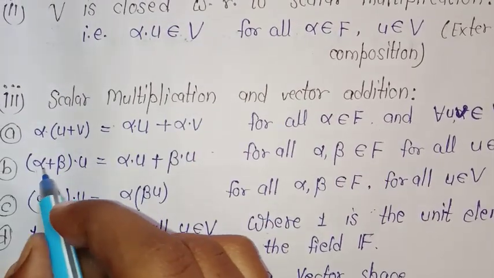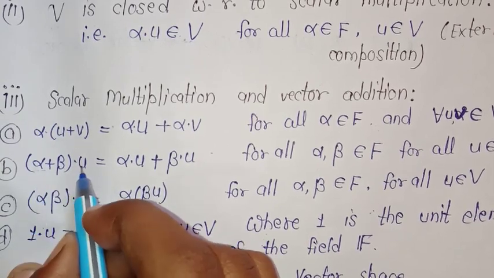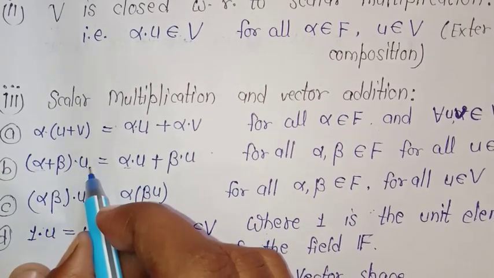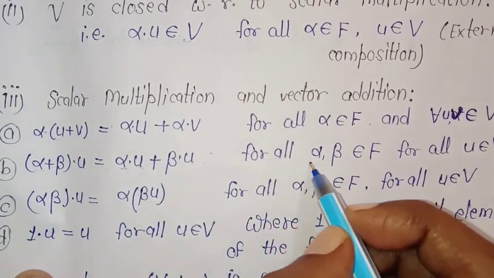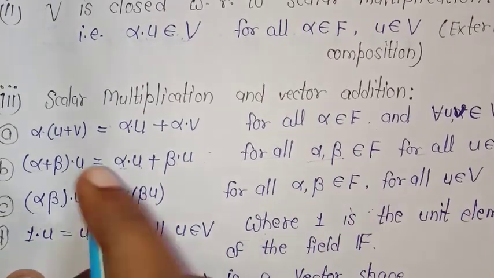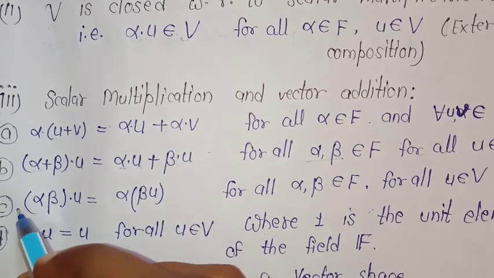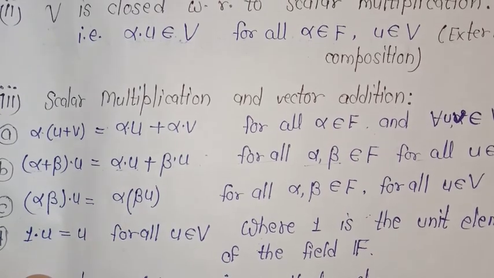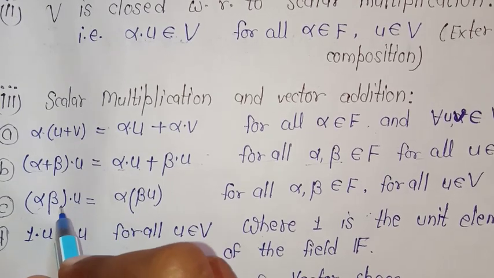Similarly, if we take the scalar addition over the vector multiplication, this will also hold. That is, (alpha plus beta) dot u is equal to alpha dot u plus beta dot u, and this is also true for all alpha, beta belonging to F and for all u belonging to V. Now with respect to the external composition, we will also see that the product of scalars together with the vectors is associative.